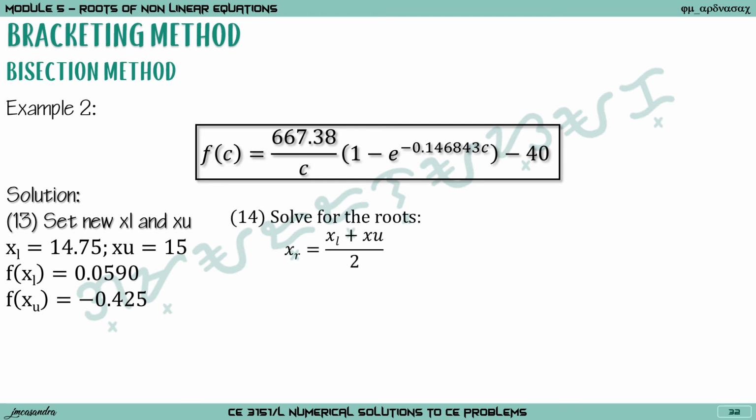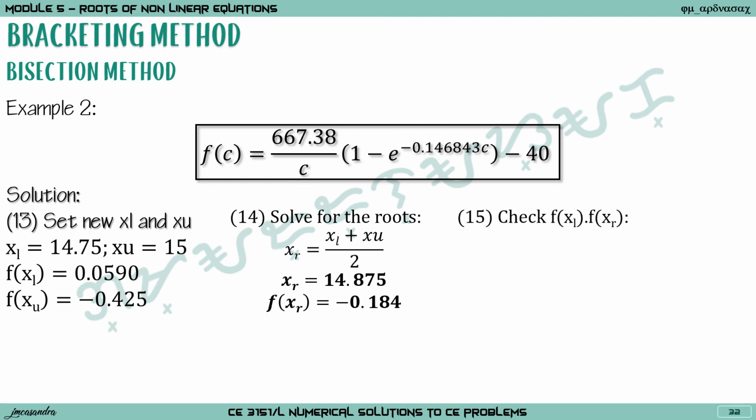Then we compute for your xr, which is 14.875, the function of xr, which is negative 0.184, and check for the value of the product of f(xl) and f(xr). So we have 0.0590 and negative 0.184, which is less than 0.